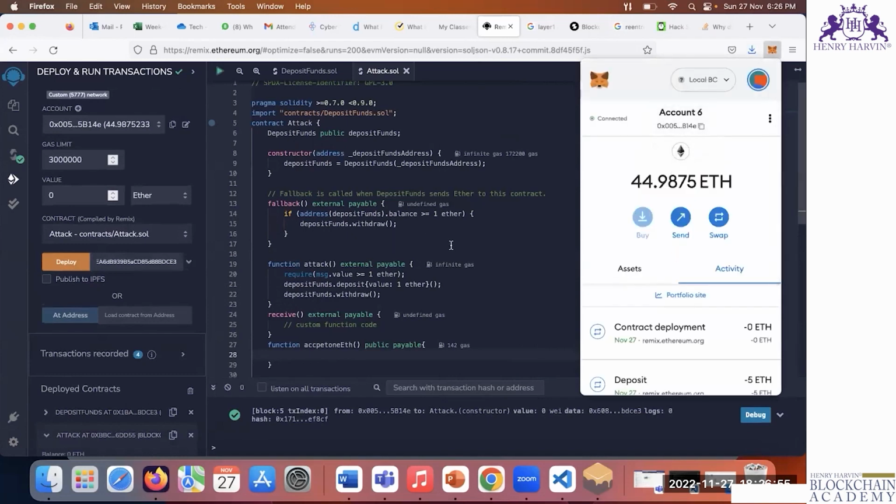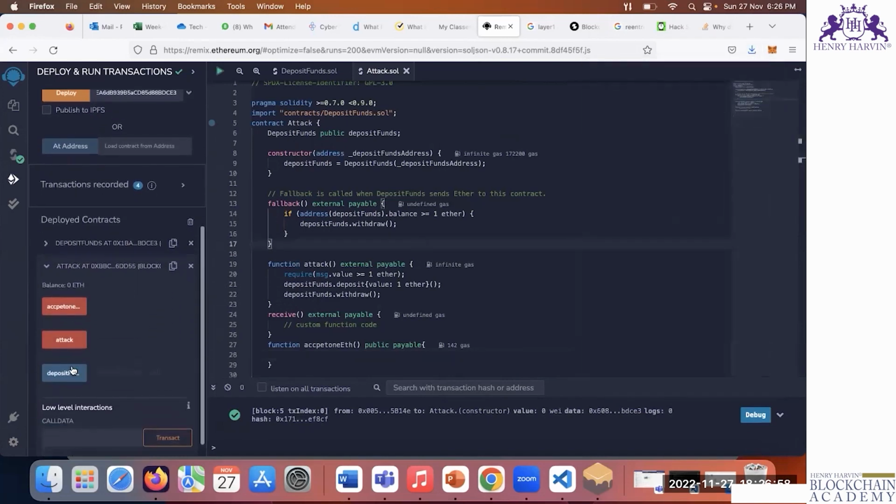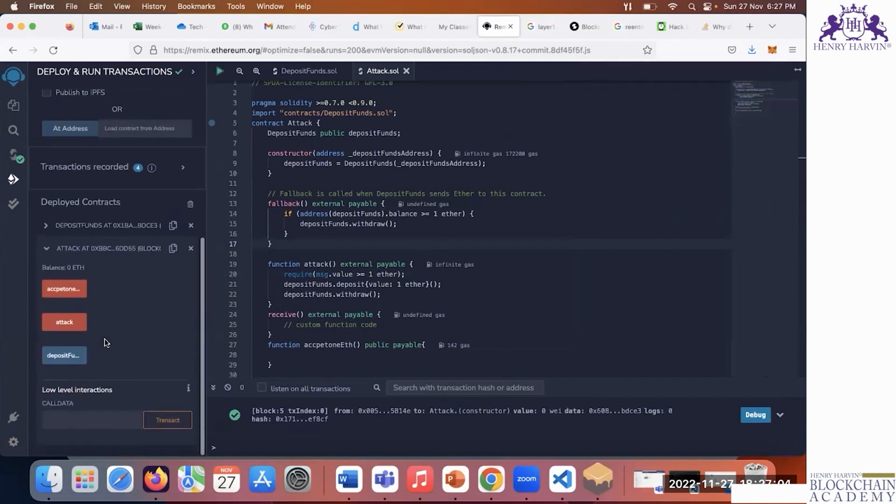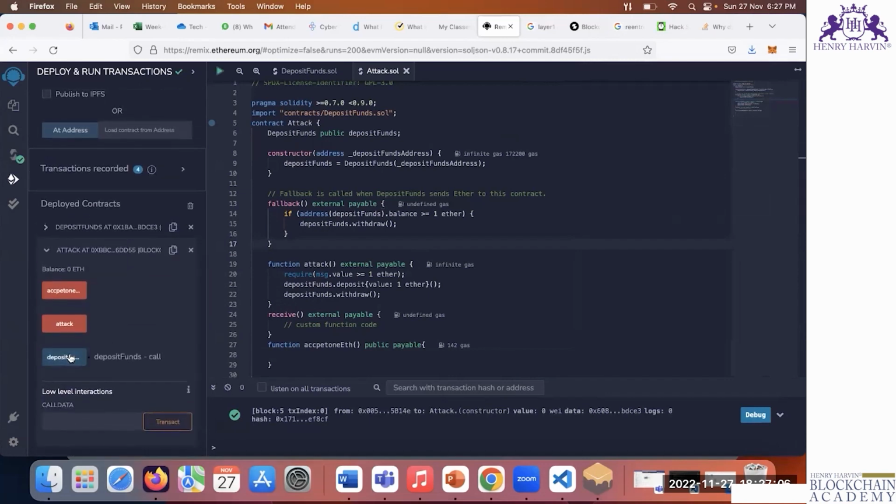One more thing I am going to do is deposit Ethereum. I am depositing to the attacker smart contract.